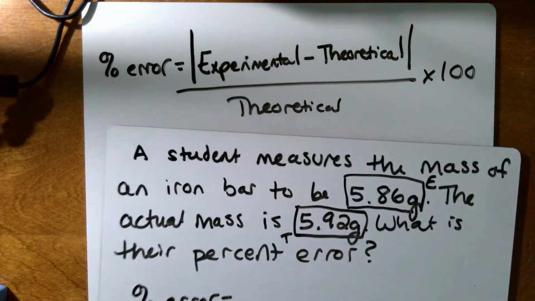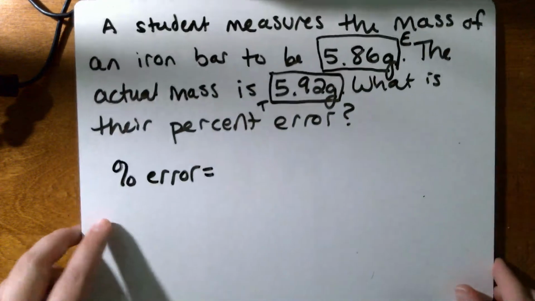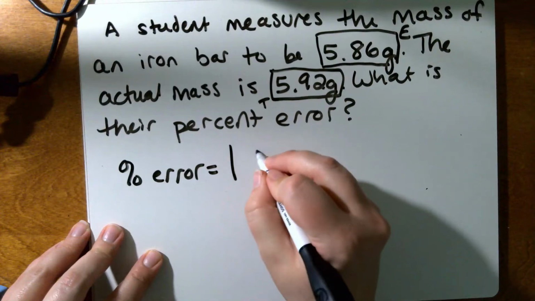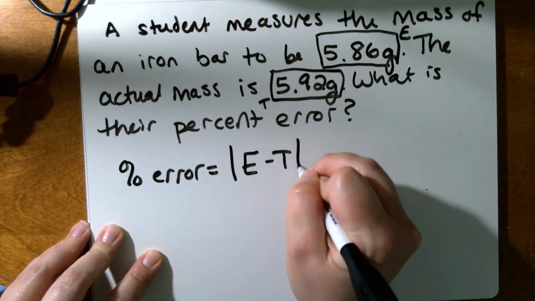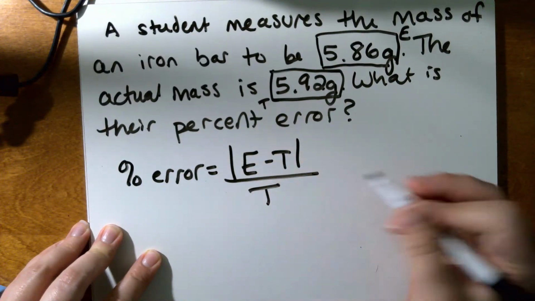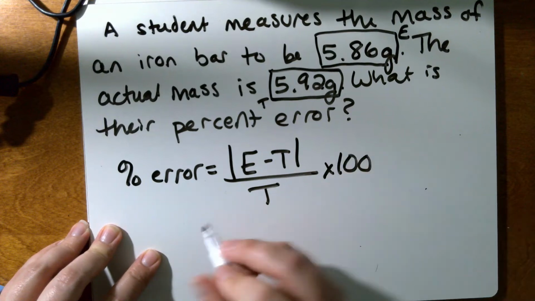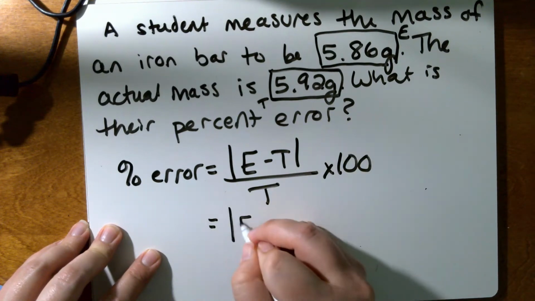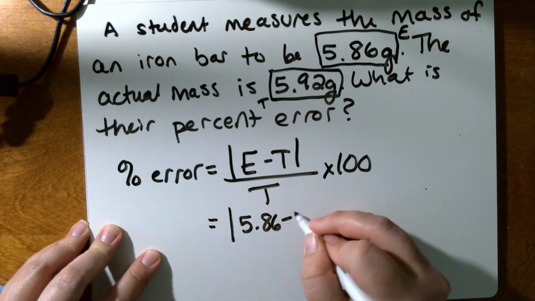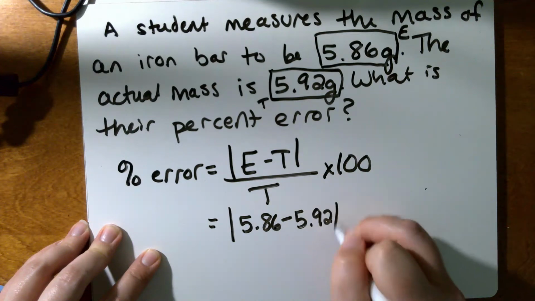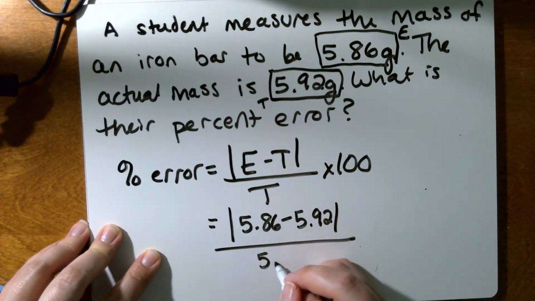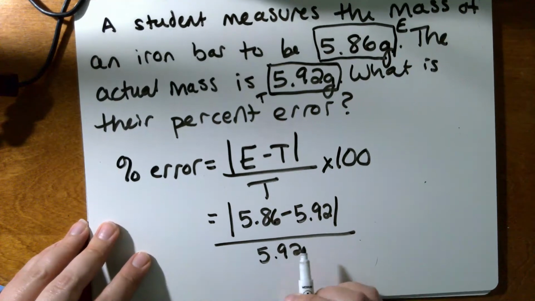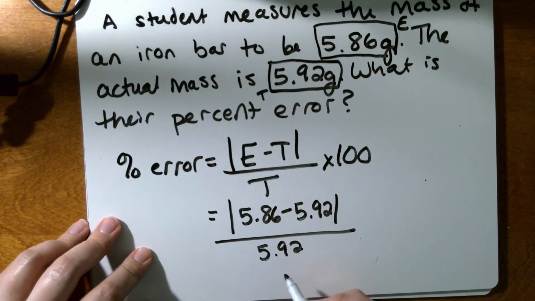Okay, so given that, the percent error is the absolute value of experimental minus theoretical over theoretical times 100. So it would be the absolute value of 5.86 minus 5.92 over 5.92. This is where people tend to mess up a little bit. They forget which one to put on the bottom.